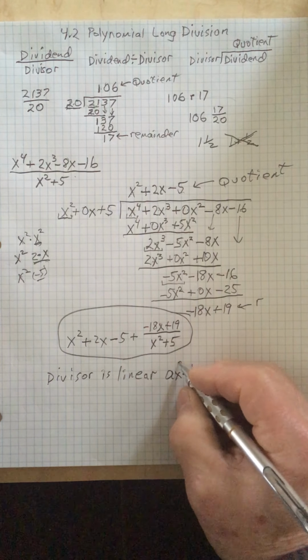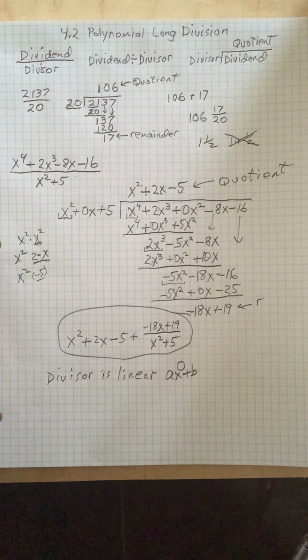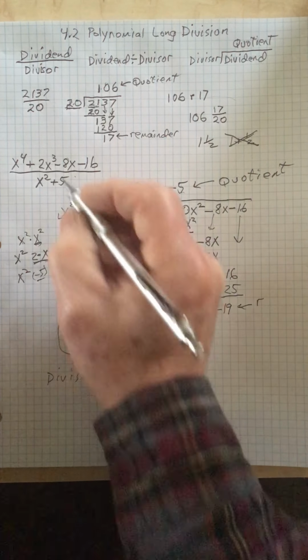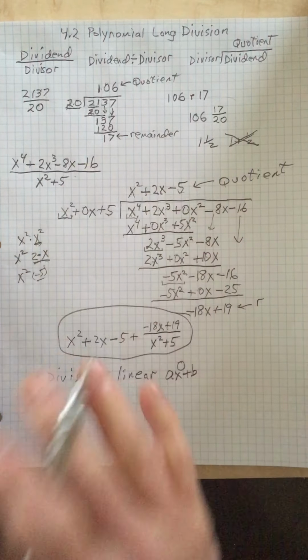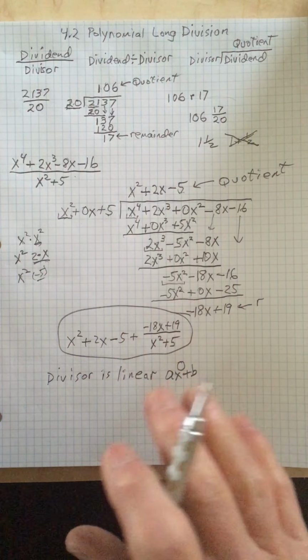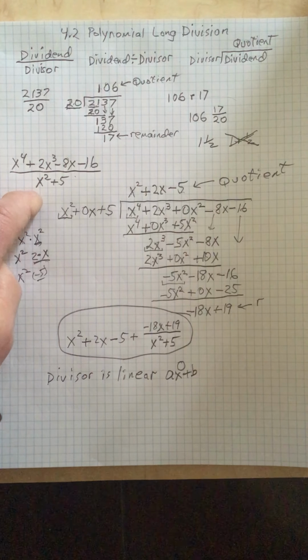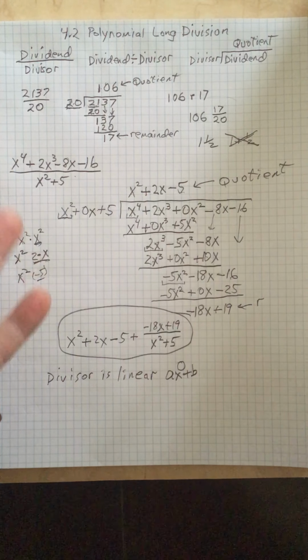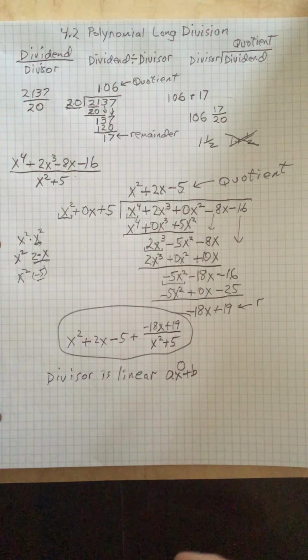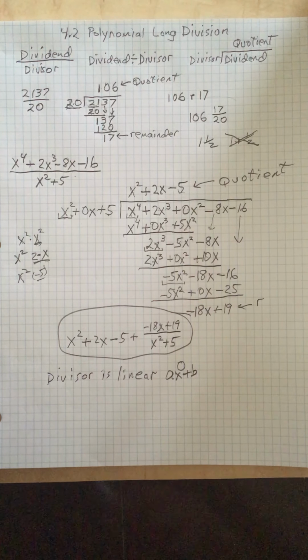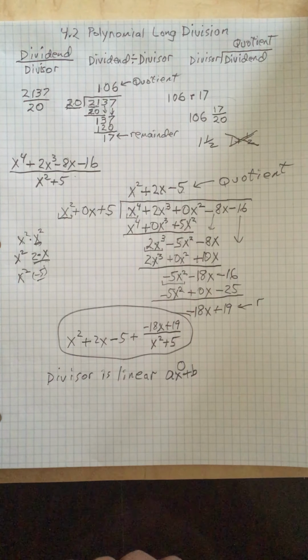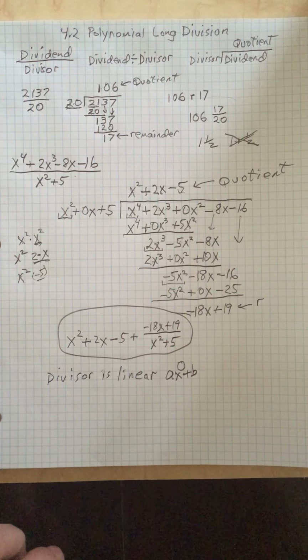The key is right here. The exponent on x has to be 1. We had a 2 here, so you can't use synthetic division here. When you have nonlinear divisors, you have to use long division. Okay, so we'll move on to the next section, and we'll see how linear or synthetic division works.